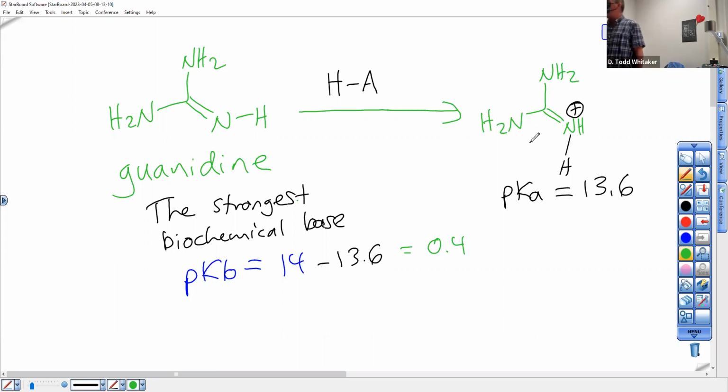You can think of the environment itself as an acid with that pKa, whatever the pH of the environment is. So if the environment has a pH of 7, then you can think of it as a source of protons with that pKa. So if you have a choice of an acid with 7 or acid with 13.6, you always go from the lower number to the bigger number, right? So we're going to go to the 13.6. So this predominates in nature.